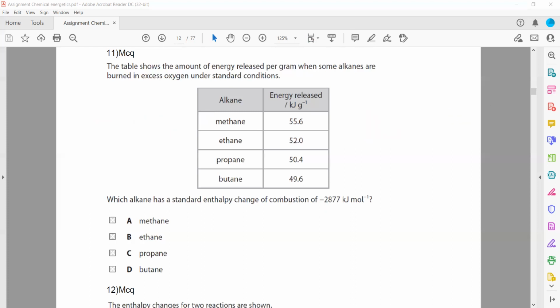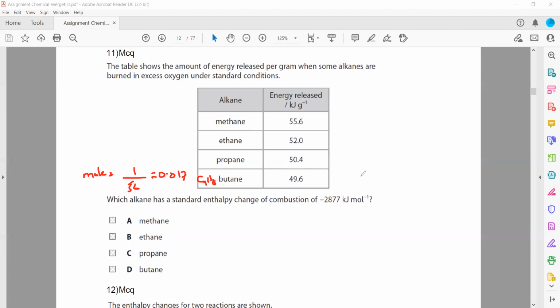Then we'll check with ethane. Ethane is C2H6. Then we'll check for propane and then butane as well. Butane is C4H10. So first we'll find the moles in 1 gram. Moles equal mass in gram, which is 1, divided by molar mass, 12 multiplied by 4 is 48, plus 10 is 58. Hmm, 48 plus 8 is 56, so 1 divided by 56 gives the moles here, which is 0.017.